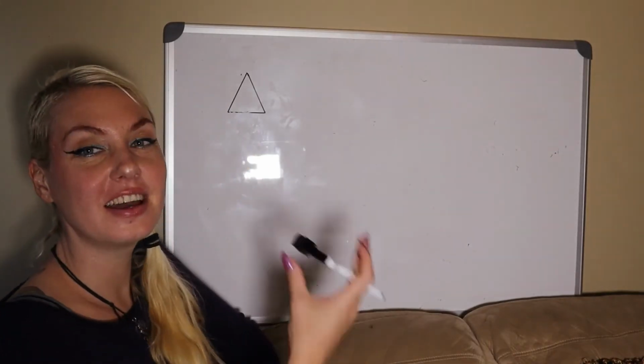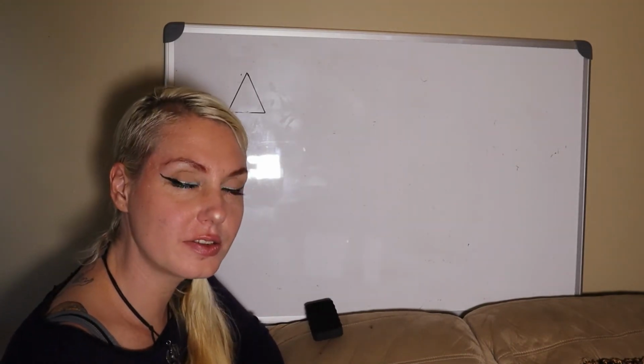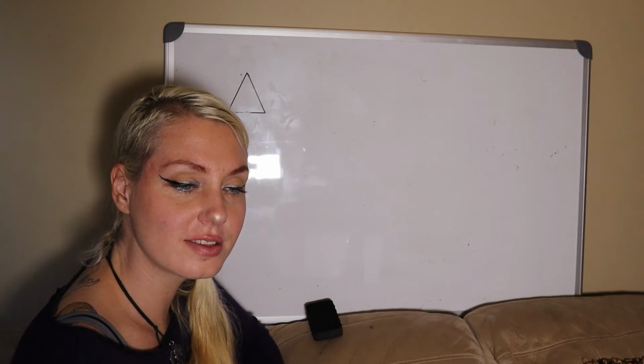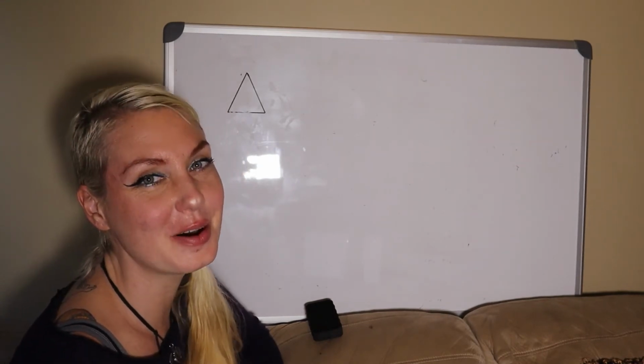So we have an equilateral triangle here, and this time we need to draw spheres instead of circles, but that is hard to do on this whiteboard, so we're going to have to do a top view.